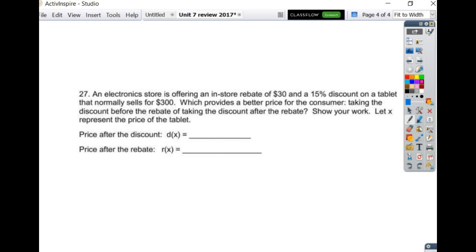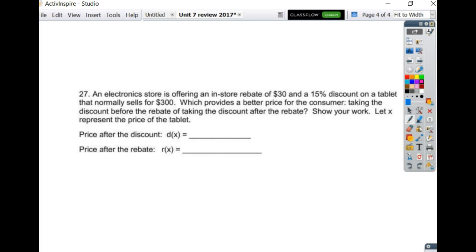Don't leave it blank. An electronics store is offering an in-store rebate of $30 and a 15% discount on a tablet that normally sells for $300. Which provides a better price for the customer or consumer? Taking the discount before the rebate, or taking the rebate first and then the discount?